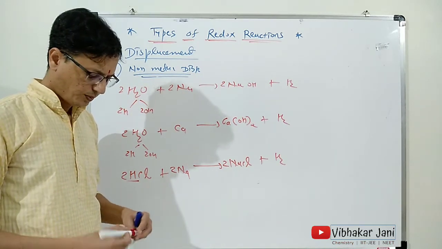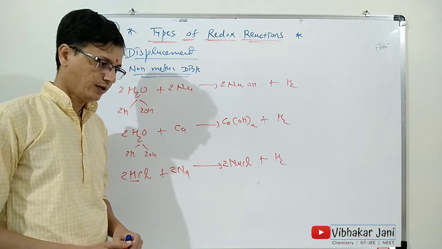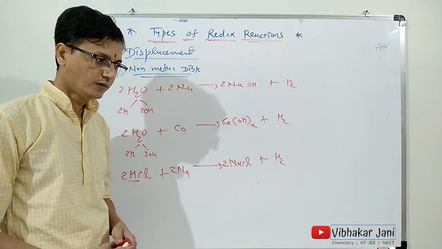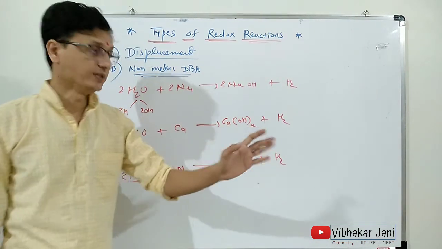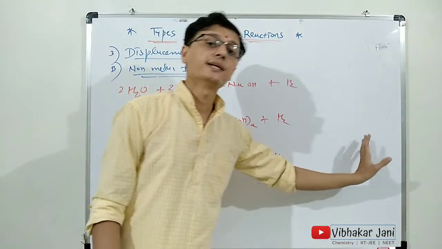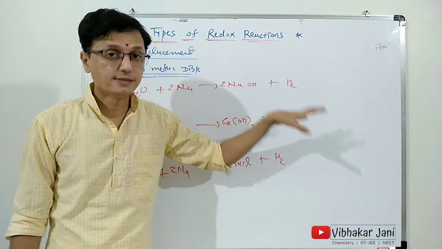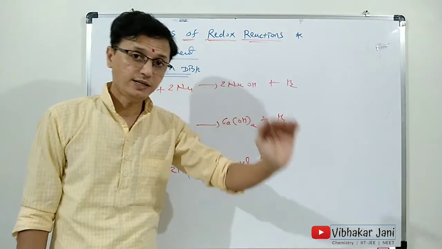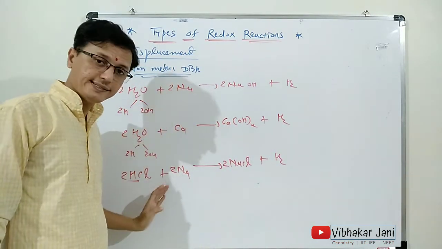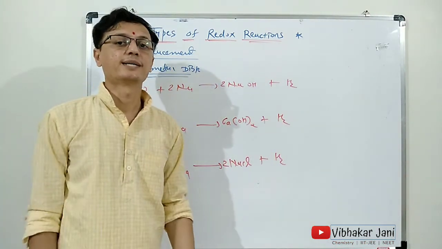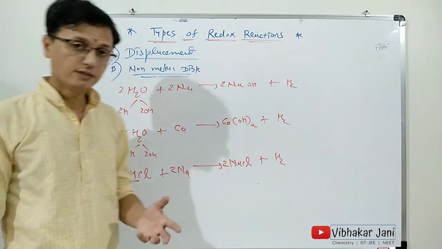Mostly copper, mercury, silver, and gold are at the last of the reactivity series, that means they are less reactive metals. If such metals are added into water or acid, they will not displace hydrogen. Reason?